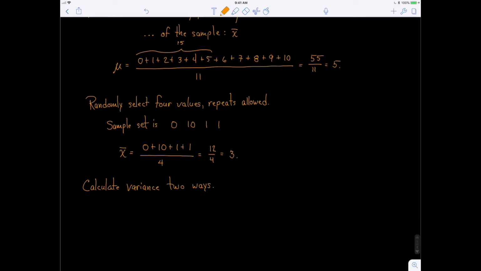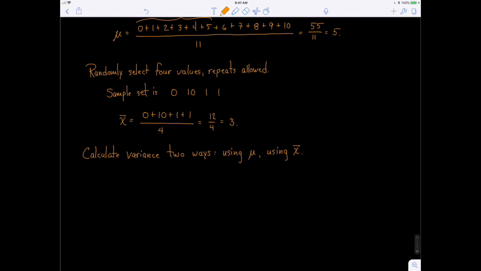So the first way will be using mu, and the second one will be using x bar.